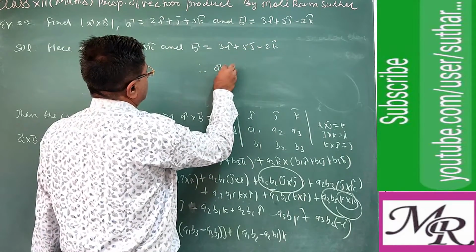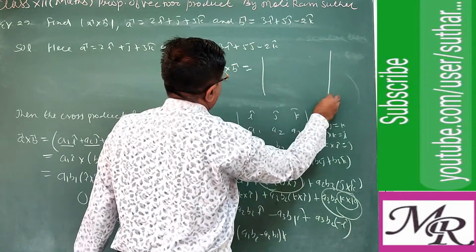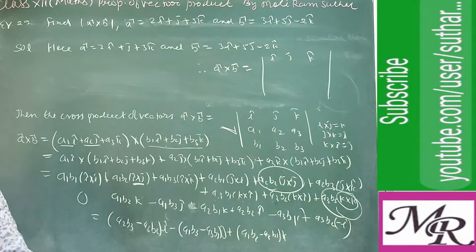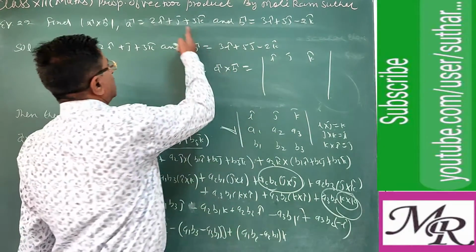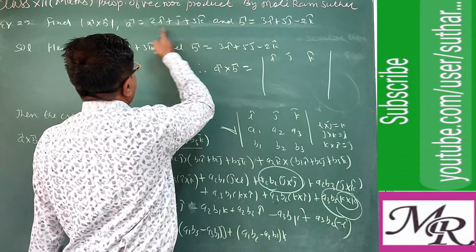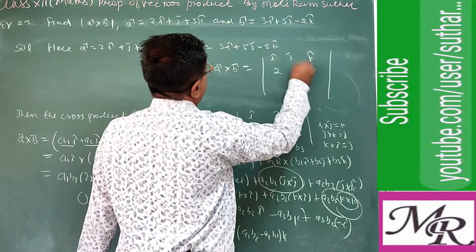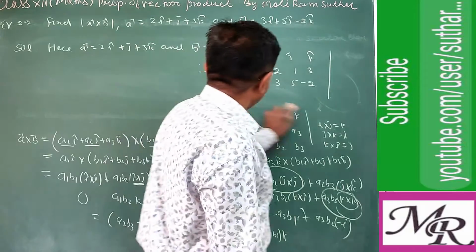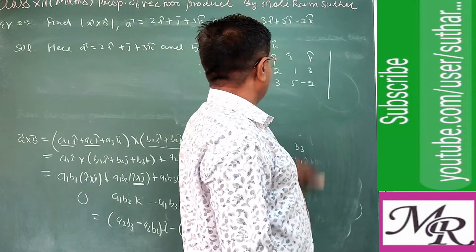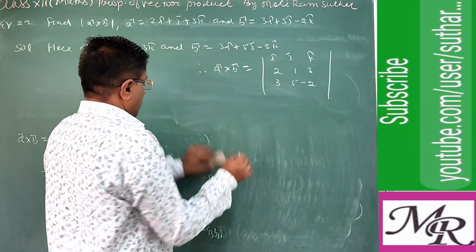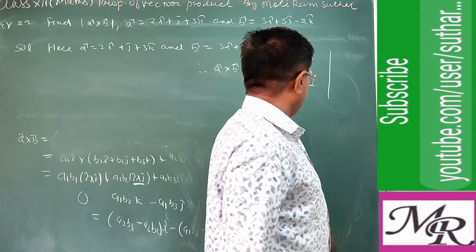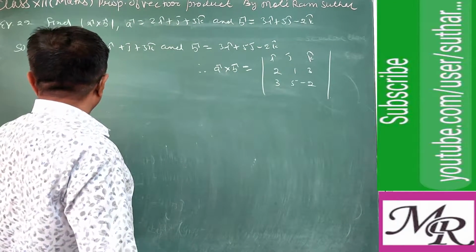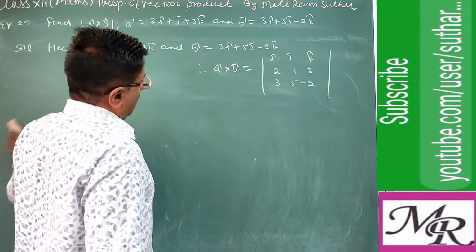So A cross B is defined by the determinant whose first row is given by the unit vectors i, j, k, and the second and third rows are the coefficients of i, j, k: 2, 1, 3 and 3, 5, minus 2. We can find the product using the rules of the determinant we have already seen, or you can also use the properties of the determinant to convert it into the simplest form.